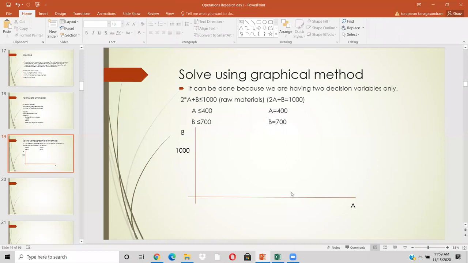Similarly, in the axis of a, what will be the value for b? In the axis of a, the value for b will be 0. So by substituting 0, you will get the value of a equal to 500.